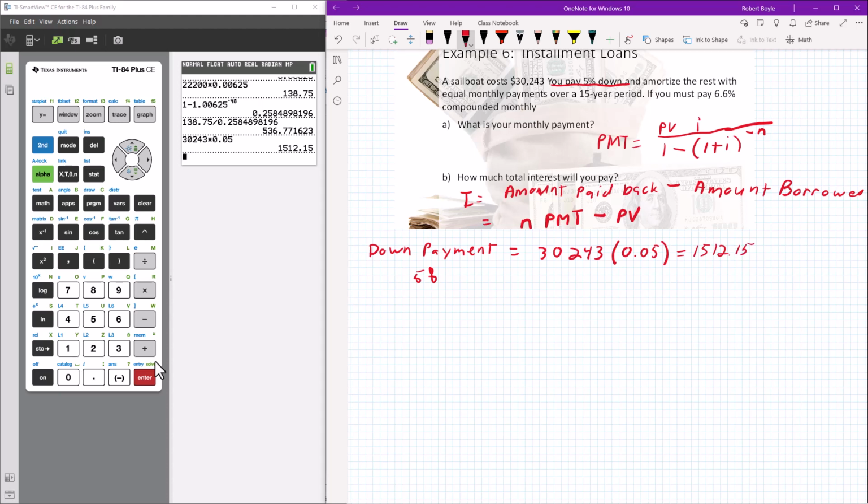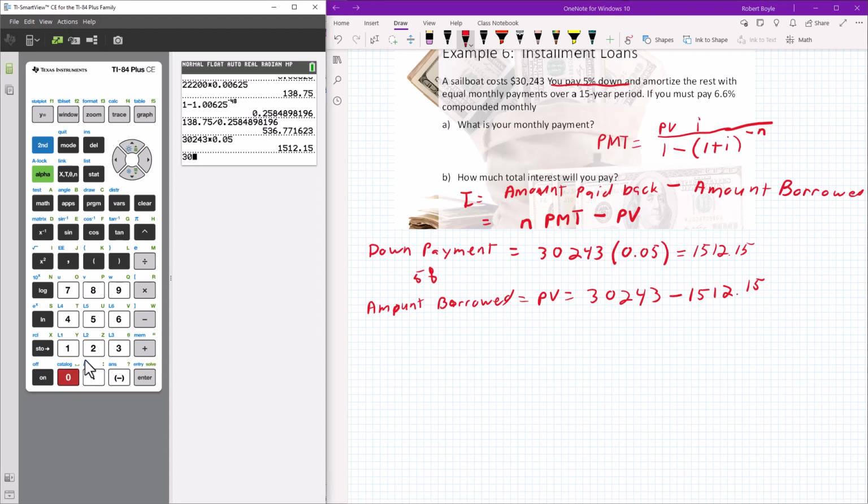The rest of the money you're going to have to borrow. The amount borrowed, which by the way is your present value, is going to be 30243 minus 1512.15. So that will be, on your calculator, 30243 minus, well, that's the amount that your down payment is.